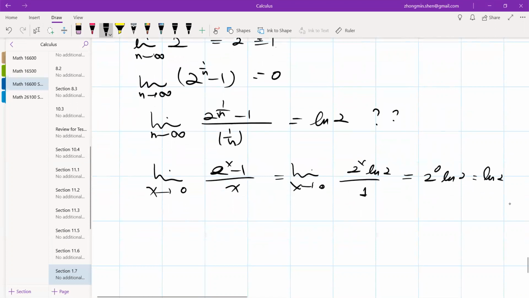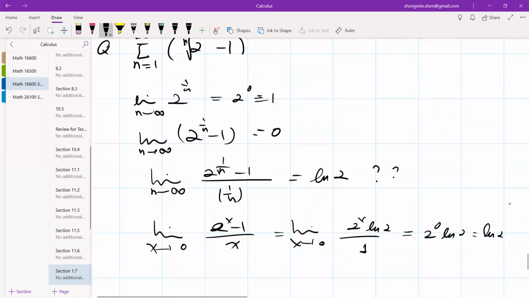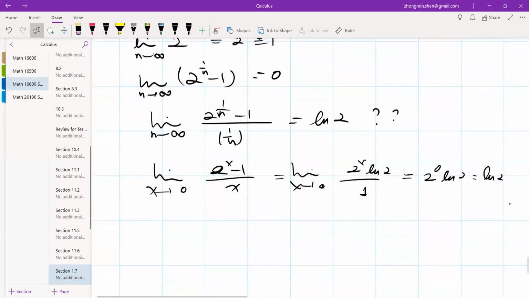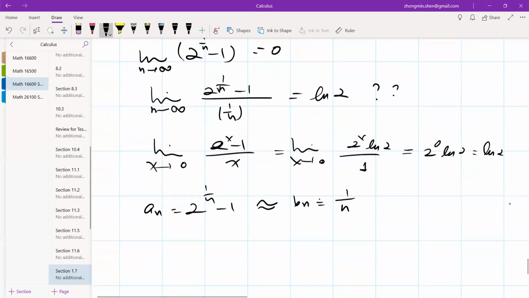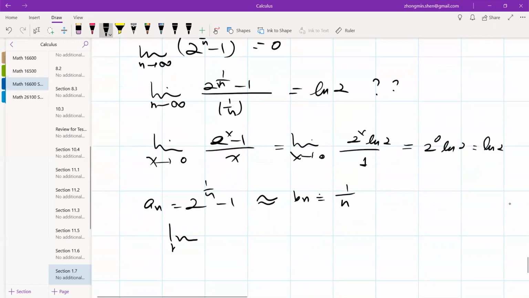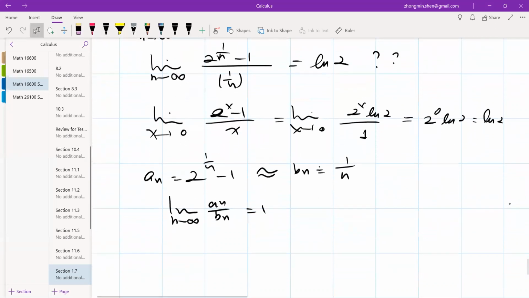So that means you compare this nth term, which is almost equal to Bn, which is 1 over n, right? So the limit of An over Bn is going to be 1, as just shown above.